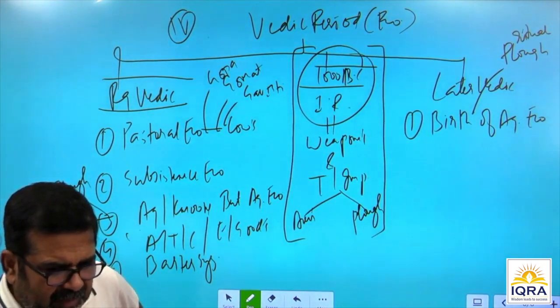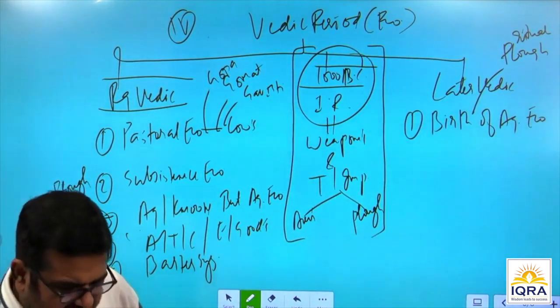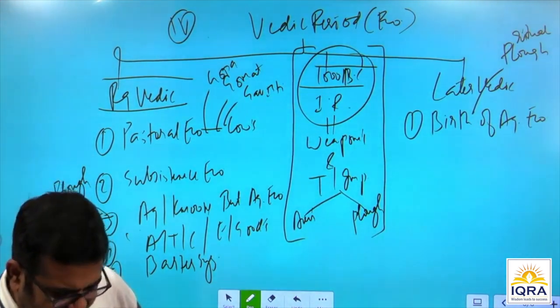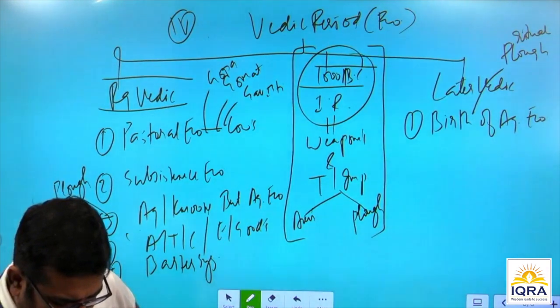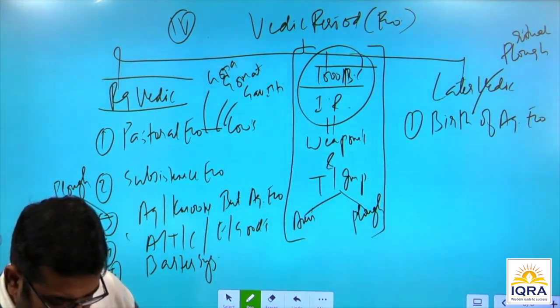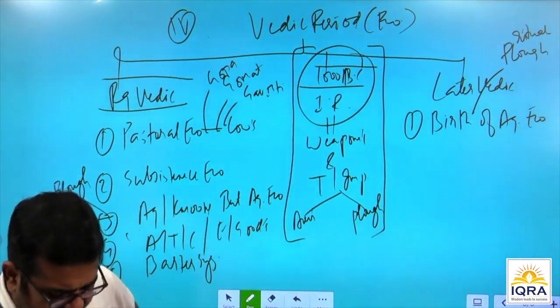Agricultural economy, art, dressing, technological development in all the aspects of life. Yes, UPSC previous year question: Gavistri means war for cows, that is the meaning.